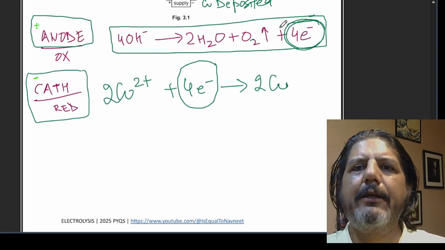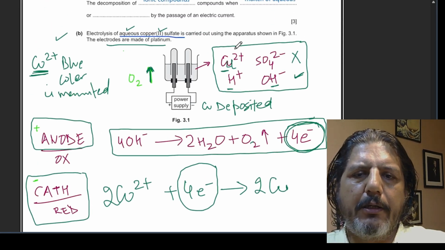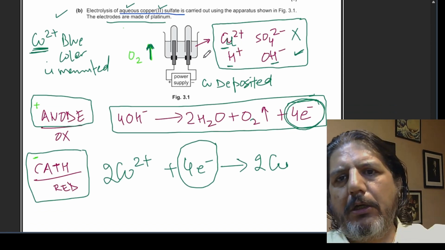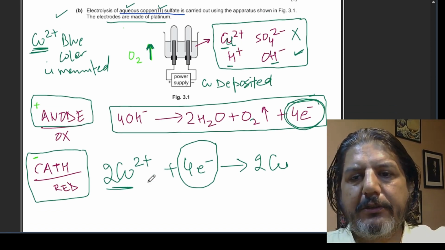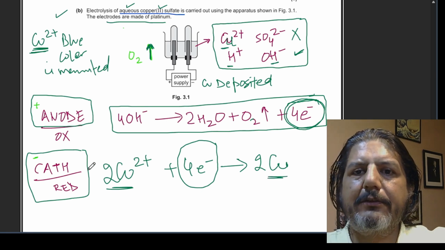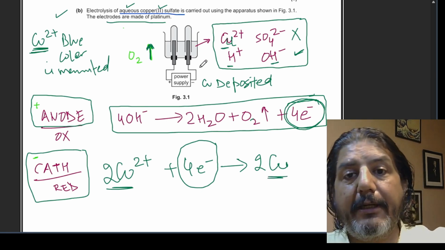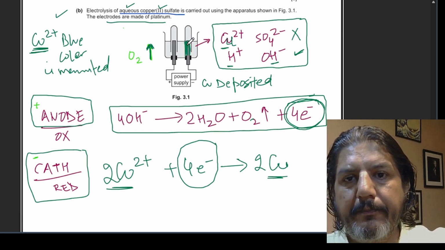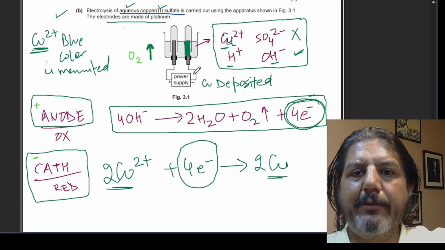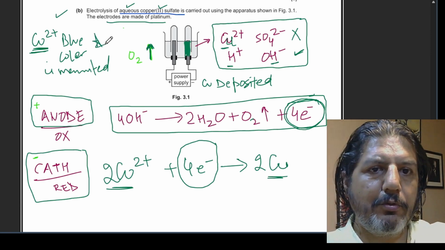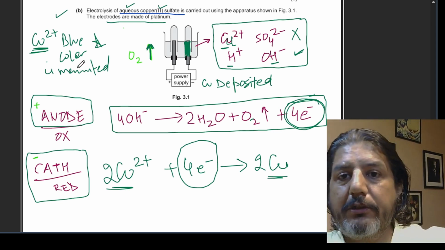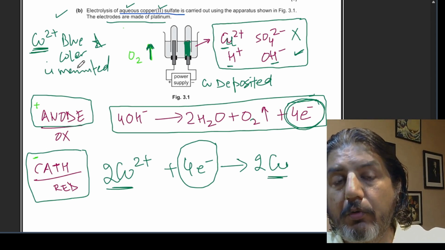Reduction is happening at the negative terminal. Now there are a few things that we need to understand before we start looking at the question. Because this Cu2+ is getting discharged at the cathode, at the negative terminal, you'll have a layer of Cu which will start depositing here. I told you that the blue color of CuSO4 is due to Cu2+.